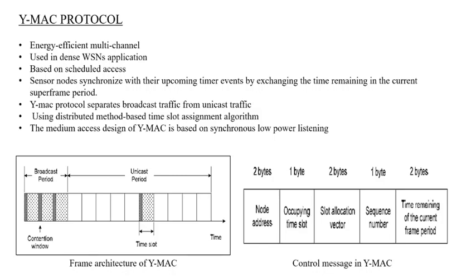The medium access design of WiMAX is based on synchronous low power listening, and only the contention winner can transmit a message to the destination node. Contention between potential senders is resolved in the contention window. The node wishing to send a packet sets a random backoff value within the contention window.